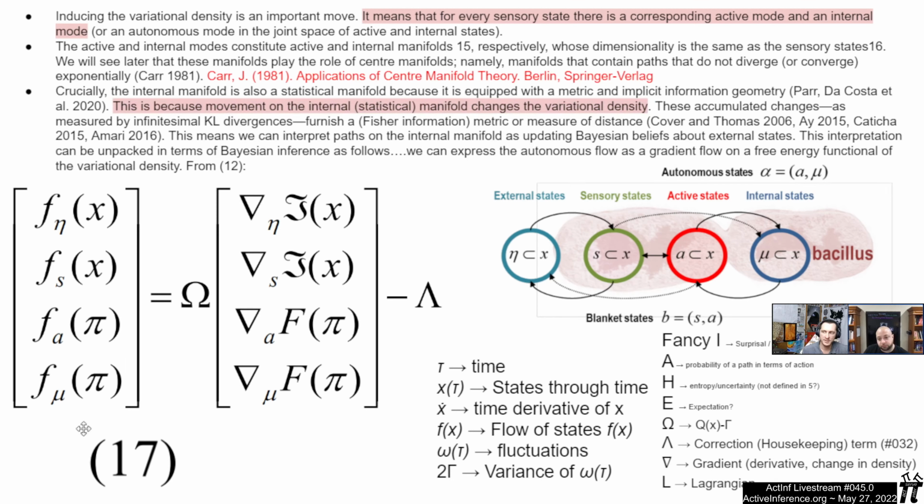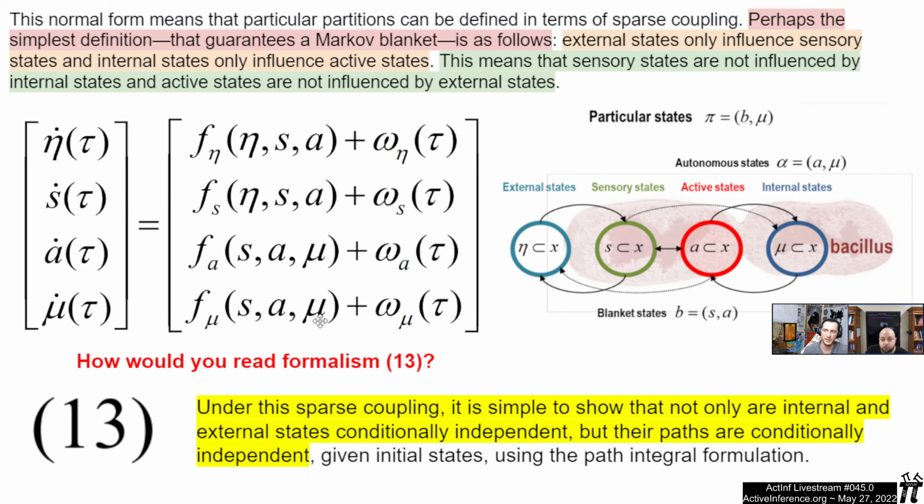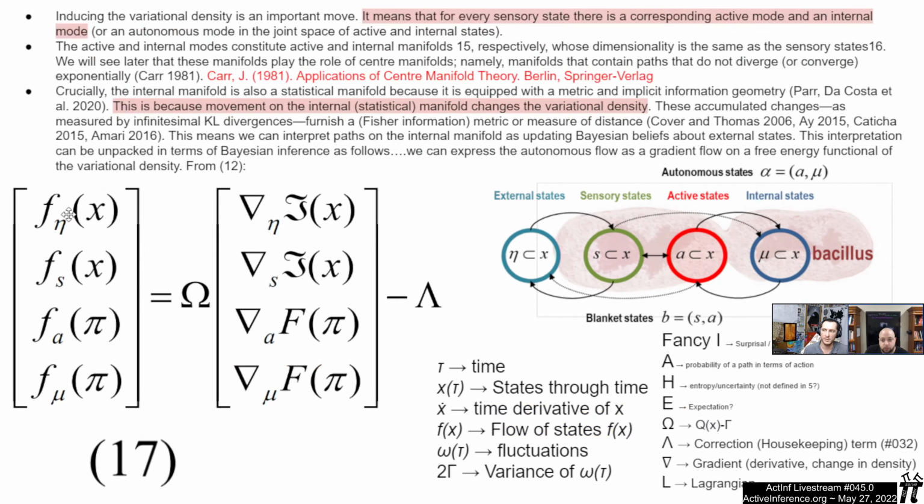What is equation 17 showing? We're looking at the flows, because if we're interested in those paths of least action, we can discount that fluctuation term. The expectation of the fluctuations is 0, so we're able to drop those omegas with a subscript that we saw in 13. So now we're going to be looking at the flows on different states.